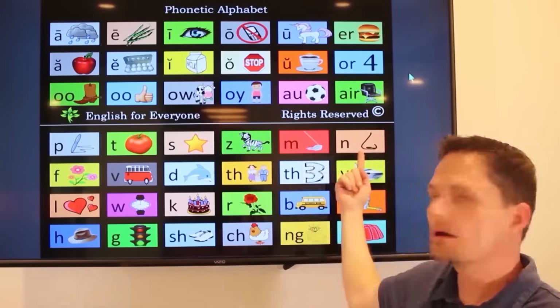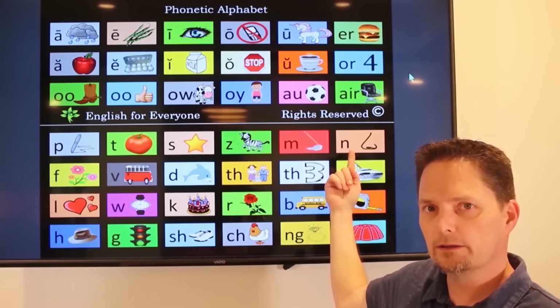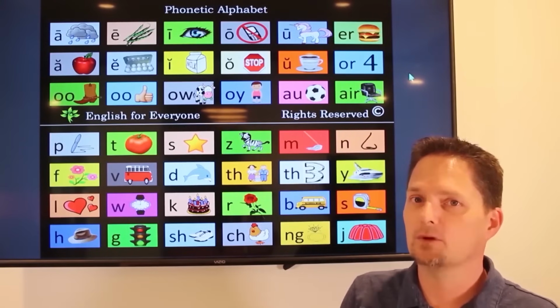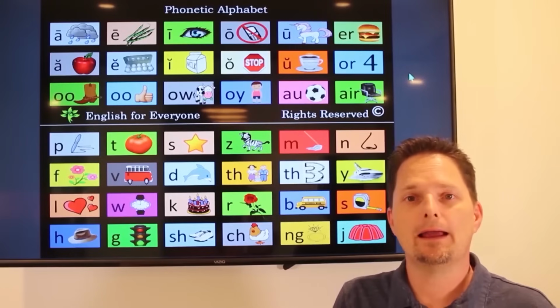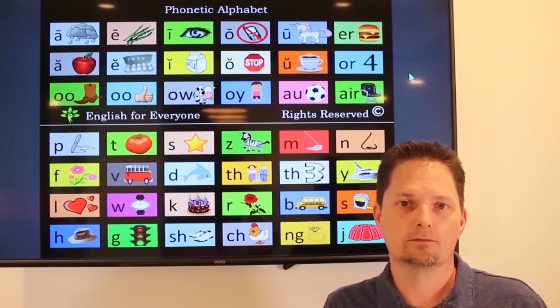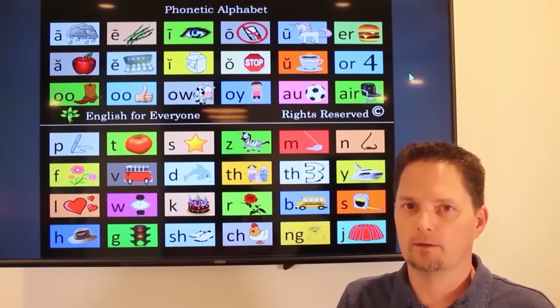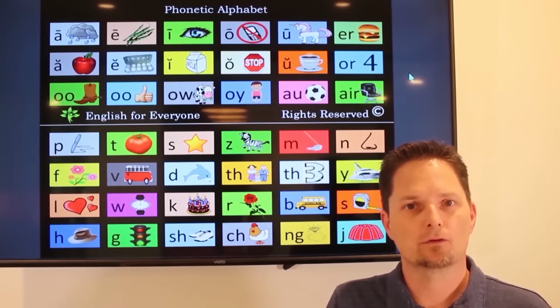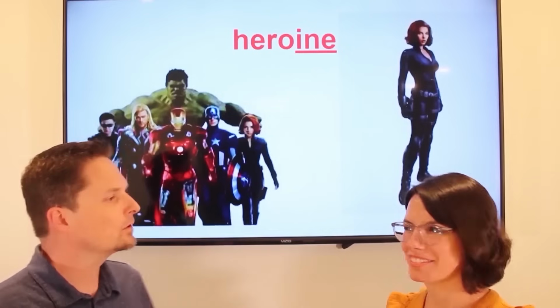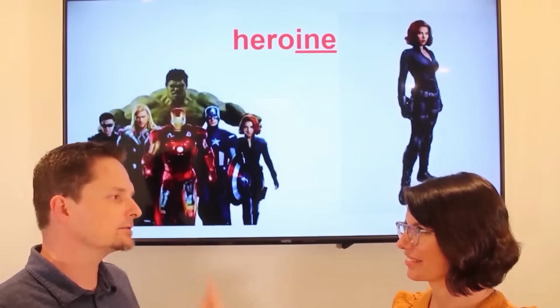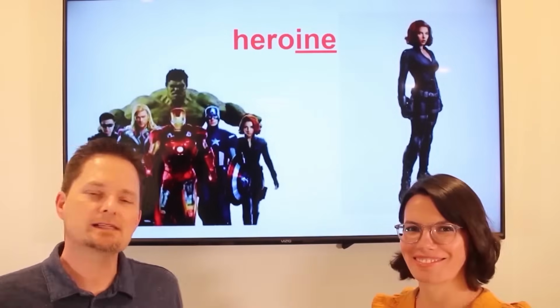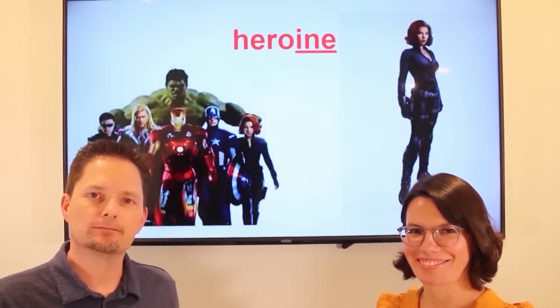Remember, heroin is the pronunciation for the drug, and heroine is a female hero. Pronunciation, heroine. She's the heroine of the story. Let's practice. Who is the heroine of the Avengers? Black Widow is the heroine of the Avengers.